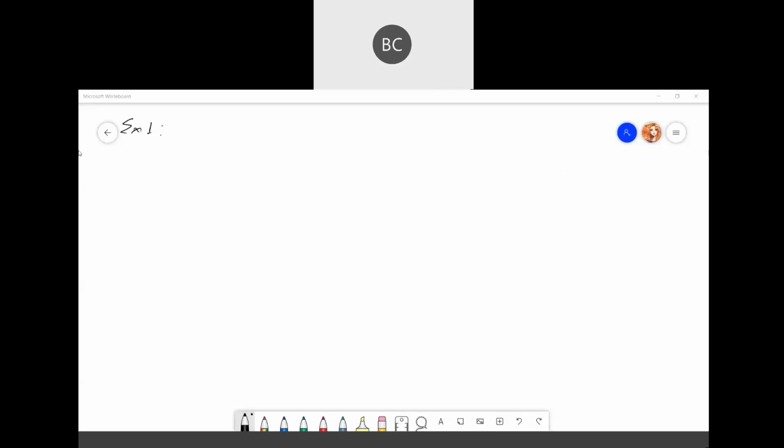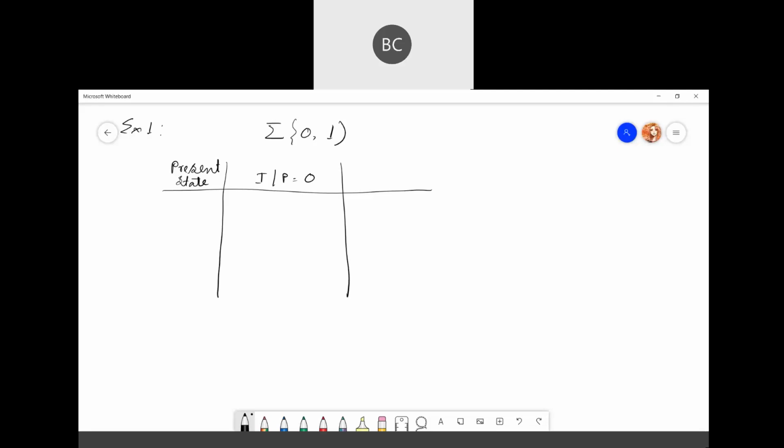Right now I'm giving you an example where, suppose, a transition table is given and we have to construct the diagram. For example, there are two input symbols, 0 and 1. The first column is for input 0 and here is input 1.